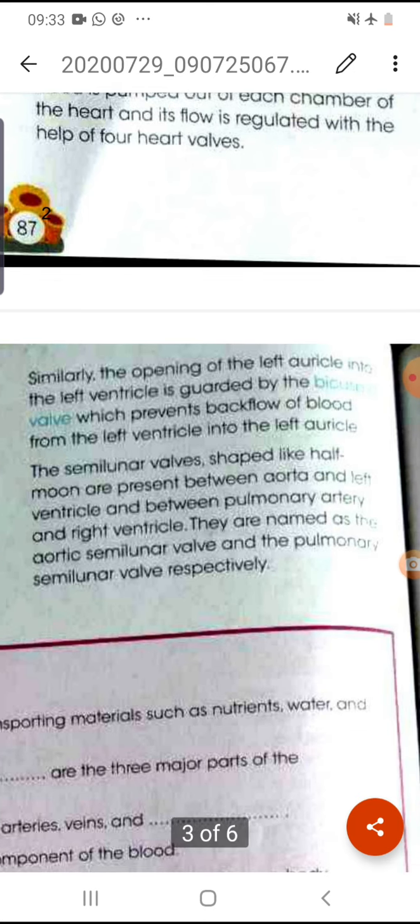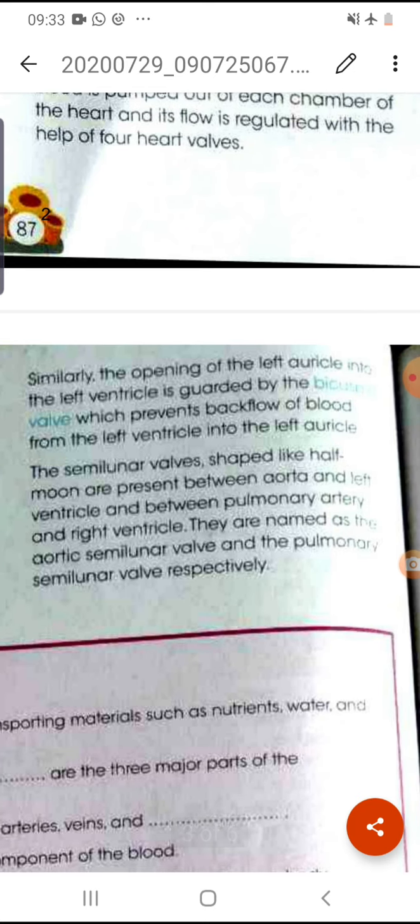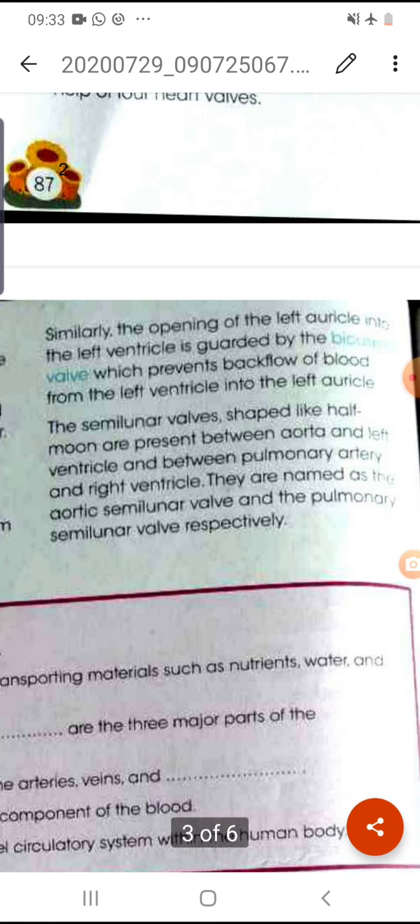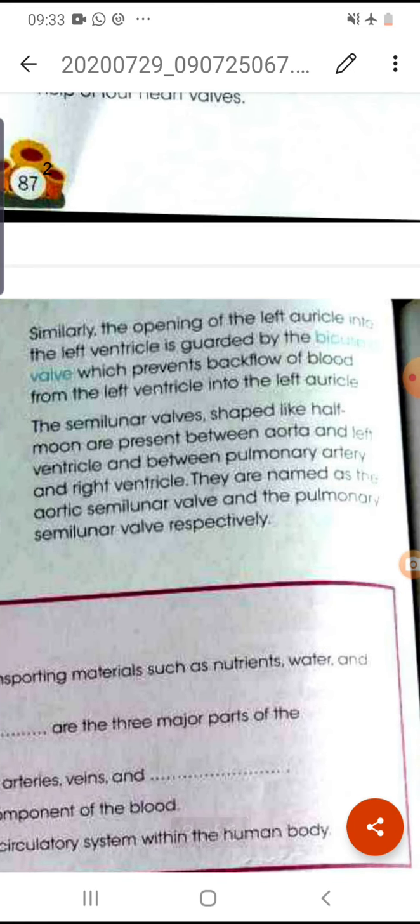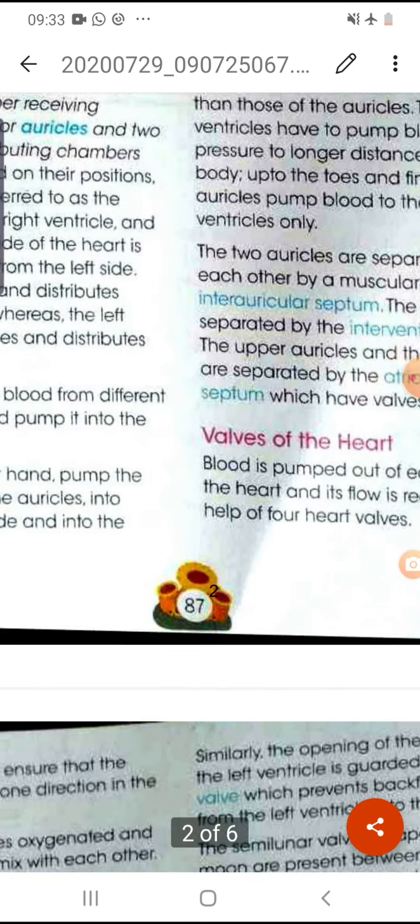So two main valves, the bicuspid valve and the tricuspid valve, and another two valves are there, the semilunar valves. One is the aortic semilunar valve, which is present between the aorta and the left ventricle, and the pulmonary semilunar valve, which is present between the pulmonary artery and the right ventricle.